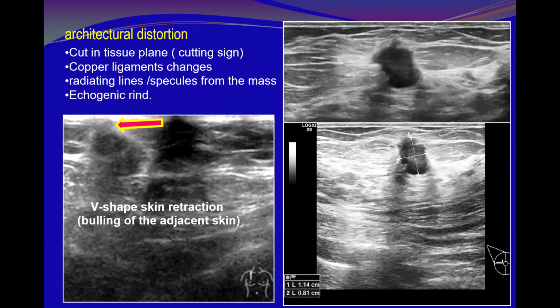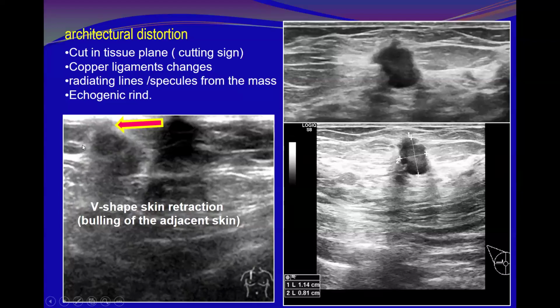Again, talking about the architectural distortions. Here, this example, also my patients, you can see obviously this example cutting through the tissue plane. Here, you can see the cutting through the tissue plane.